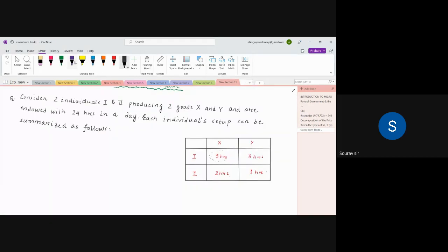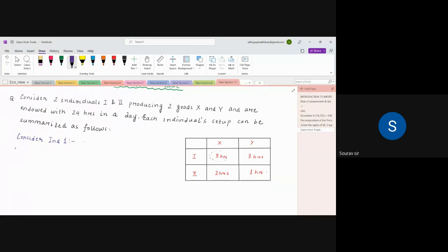Now, let's talk about individual 1 first. The total amount of time available with individuals 1 and 2 is 24 hours each.